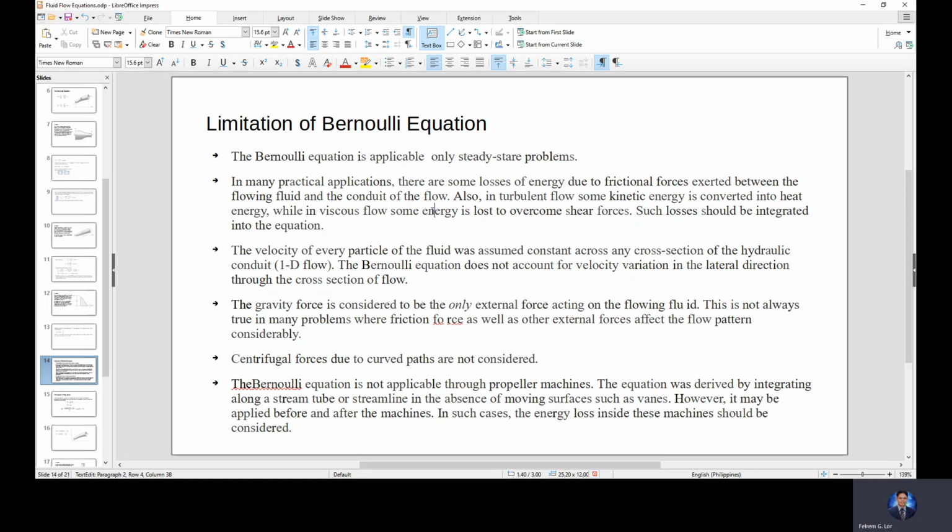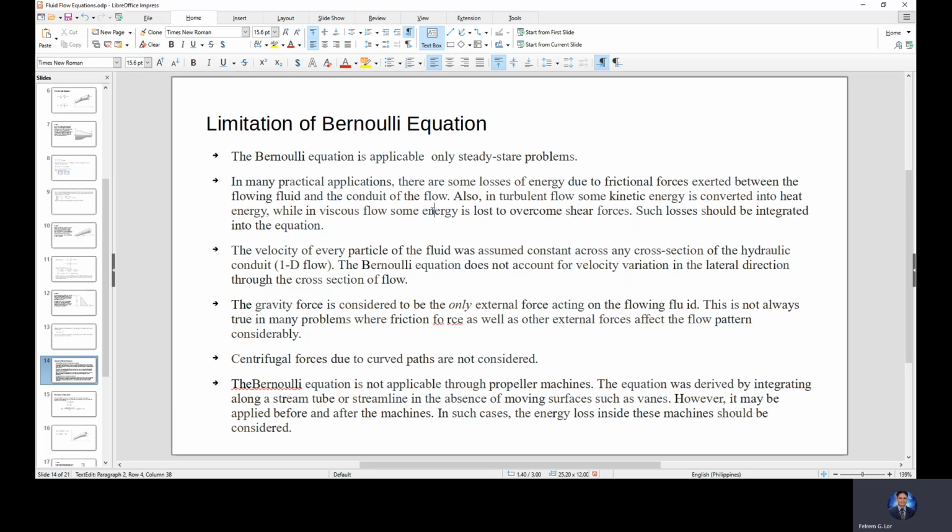While in viscous flow, such as concrete or heavy oil, some energy is lost to overcome shear stress. Such losses should be integrated into the equation.